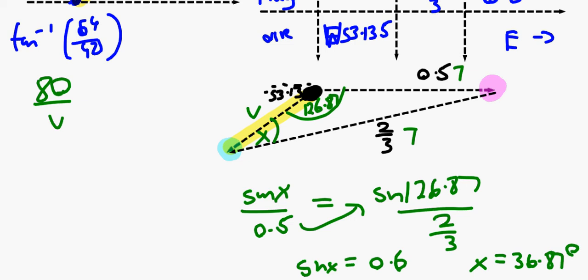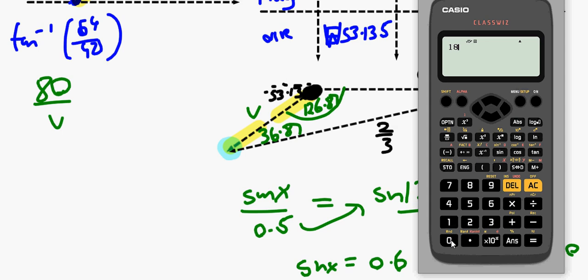Now, if x equals 36.87, what does that mean for the other angle over the other side? It's going to be 180, take away 36.87, take away 126.87, and we should get 16.26.